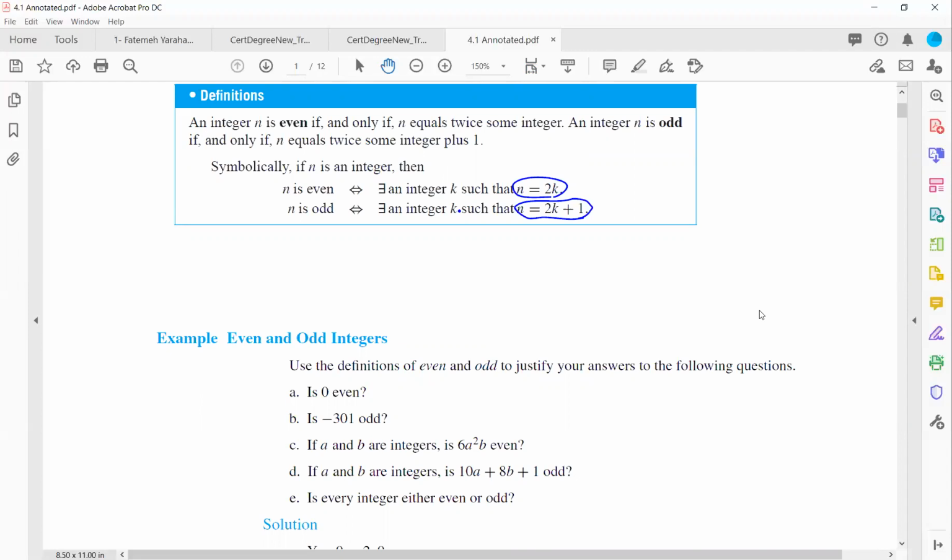Is 6 times A squared times B even? D, what if we have 10A plus 8B plus 1? Do we consider this number even or odd? E, is every integer either even or odd?